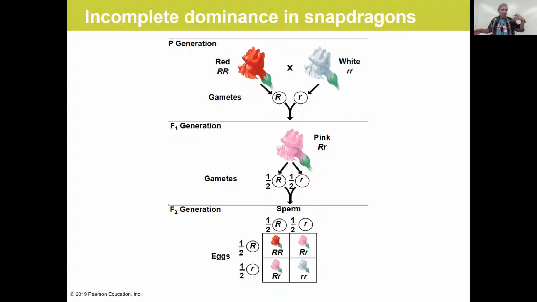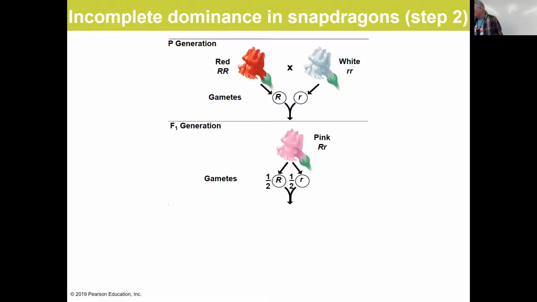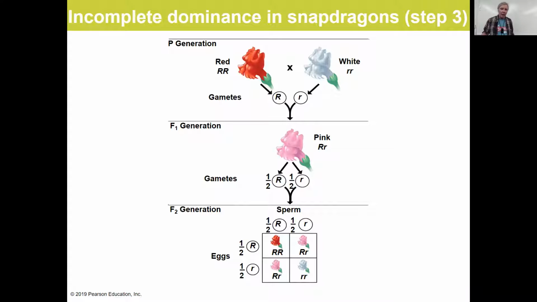What happens if you mix red paint and white paint together? You get pink. And then you cross two pinks together, and in the F2 generation, you have 1/4 red, big R, 1/4 white, small r, and half pink, the heterozygote. So, like I said, as soon as you see that the heterozygote has a different phenotype, automatically you know it's incomplete dominance. Right?